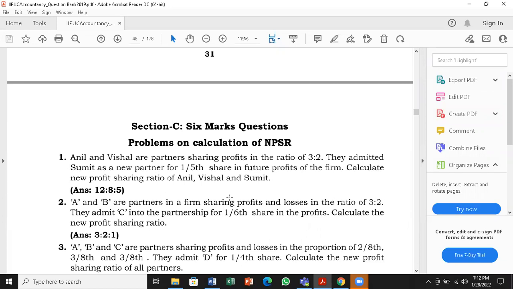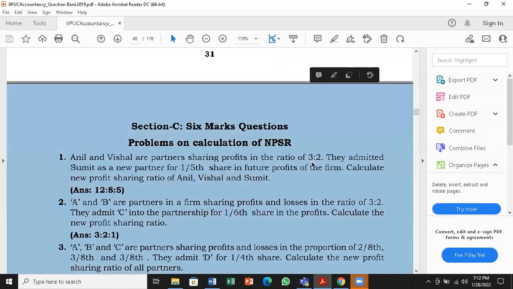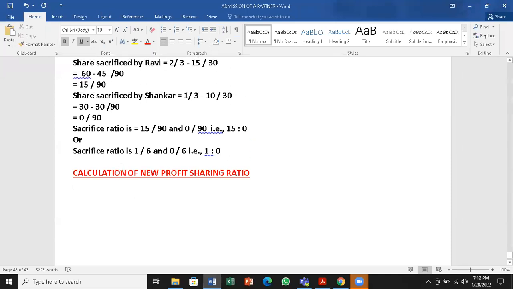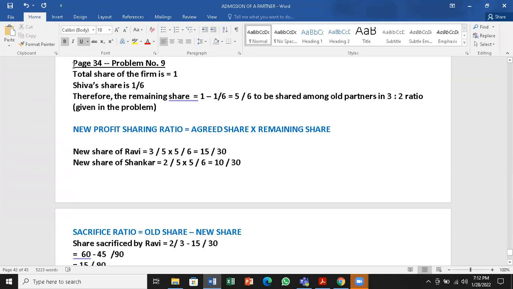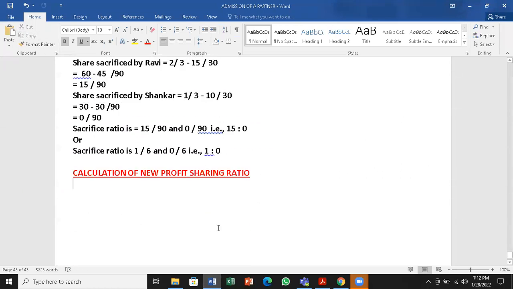So from this you can understand old partners profit share is given 3:2. New partner's share is given in the problem, but we have to find a new profit sharing ratio. So here for that, problem number 1, page 32.